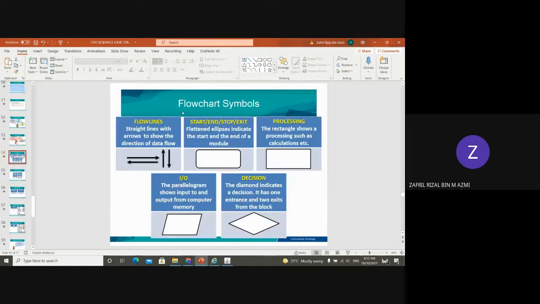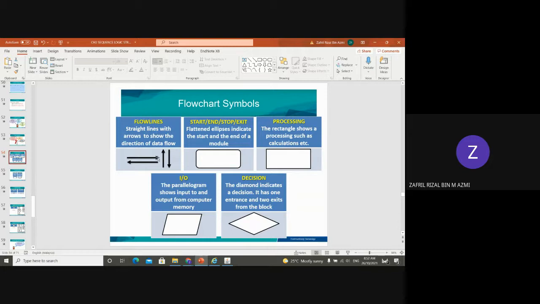First we have flow lines. Flow should be in one direction. Most of the time, in a flowchart, there cannot be a two-head flow line, a two-head arrow.